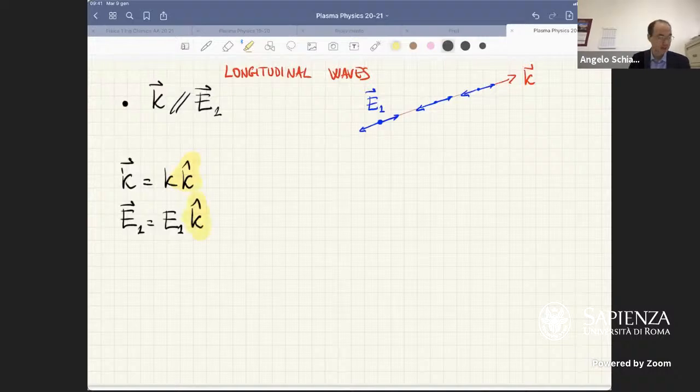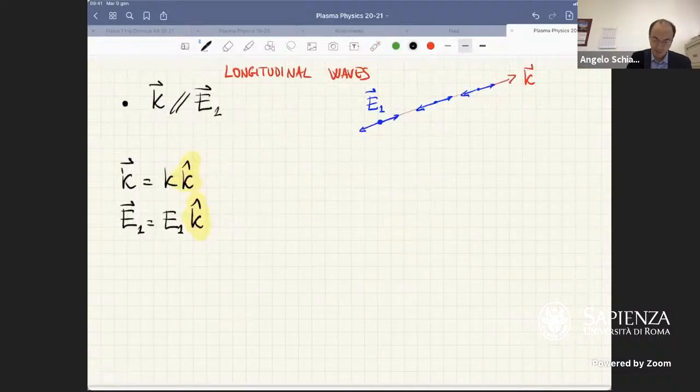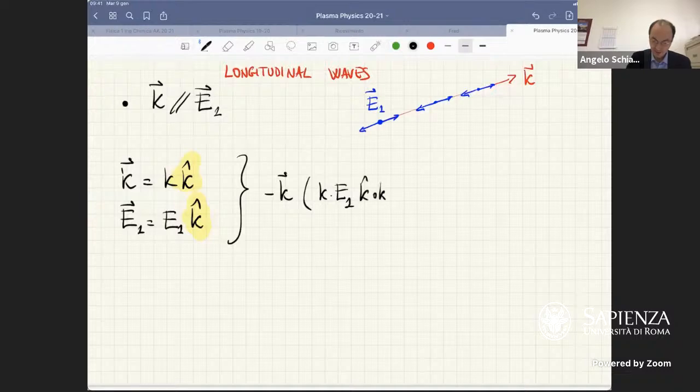So in our wave equation here, these terms become minus k times the dot product of k and E. So we have k times E1, k dot k, so the scalar product of the k versor with itself.